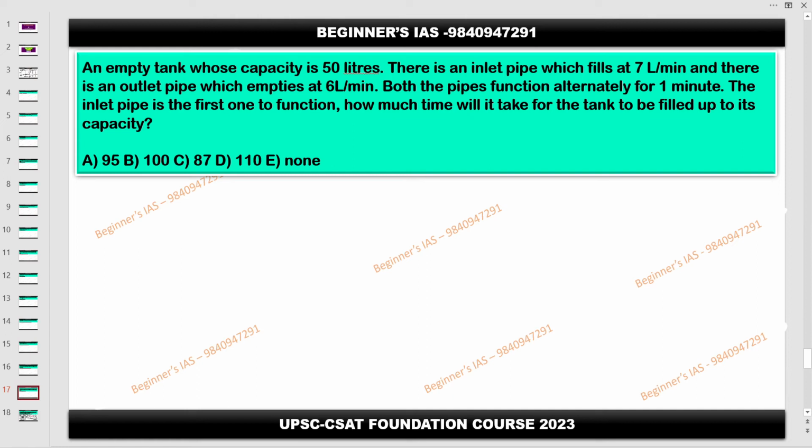In how many minutes a tank? So that concept, the last concept we have done now. Same concept applies here. In the last problem, 3 minutes: if both are open, it will take 3 minutes to fill the 11 liters. Same concept applies here.